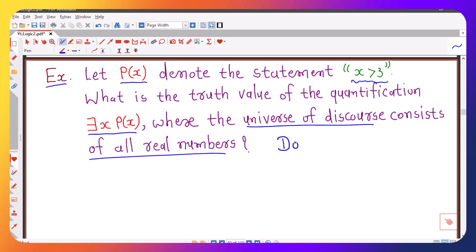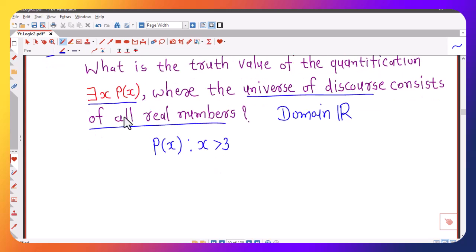That is, the domain under consideration is the set of real numbers and the statement function is px: x is greater than 3. And we have to check whether there exists x such that px is true has truth value true or false.